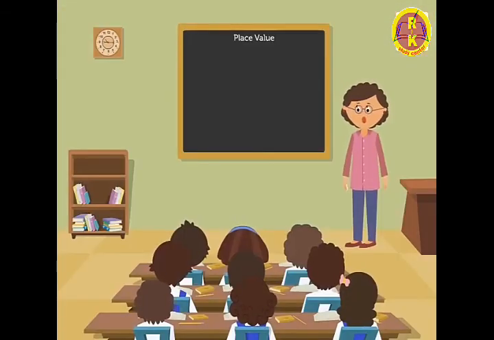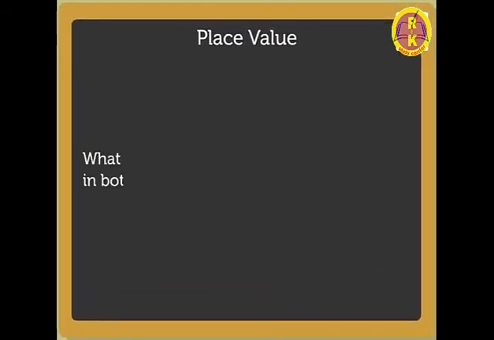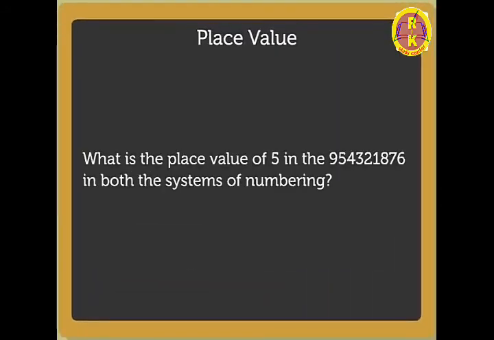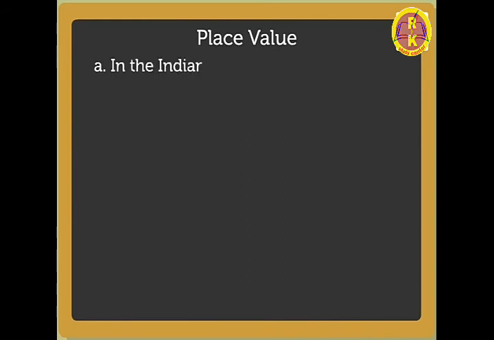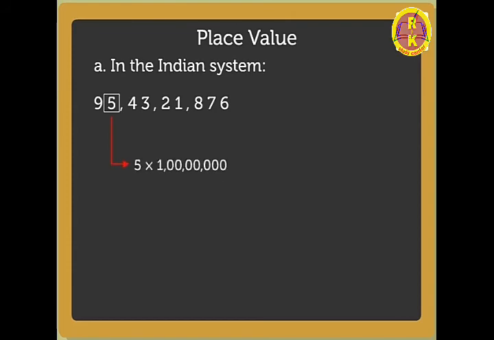Now, let us look at another example. What is the place value of 5 in the number shown in both the systems of numbering? In the Indian system, the place value of 5 is 5 into 1 crore is equal to 5 crore.